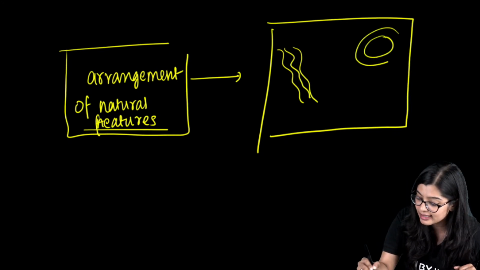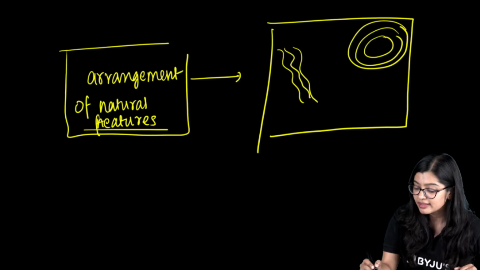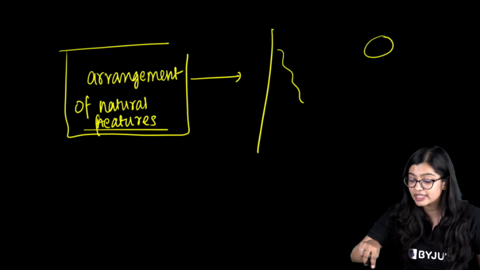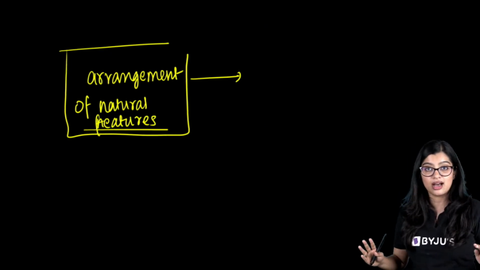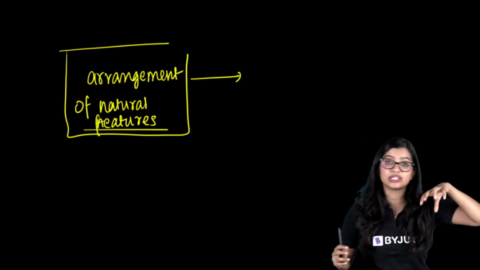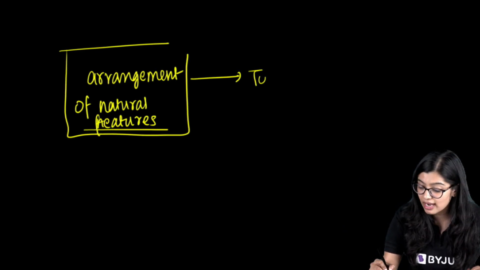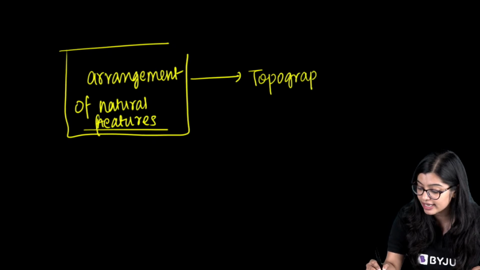Then here I can see these hills. Then of course on another region I have my plateau region. So all of this, in an area, I have different kinds of physical features that are arranged or distributed. That is what we call the topography of a given area.